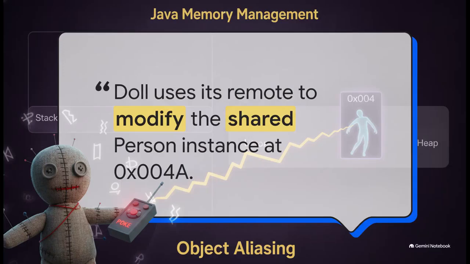To quote the source material directly, when the doll calls pokeEye, it uses its remote to modify the shared Person instance at 0x004A. The voodoo effect isn't magic at all. Modifying the doll is just pressing a button on the second remote, which alters that single shared instance on the heap. So when the victim variable checks its state later, it's just staring at that exact same, now altered body.